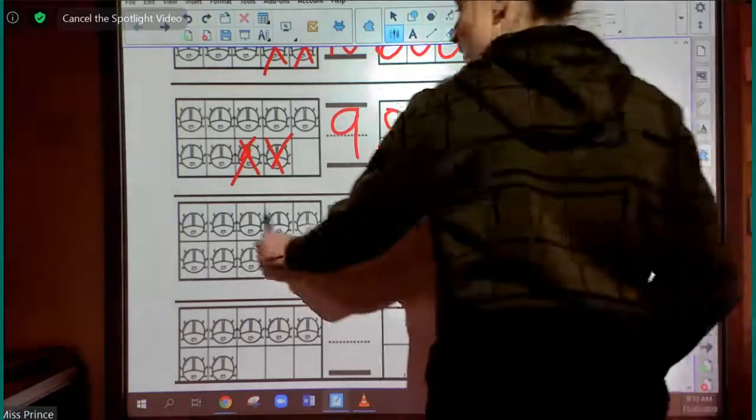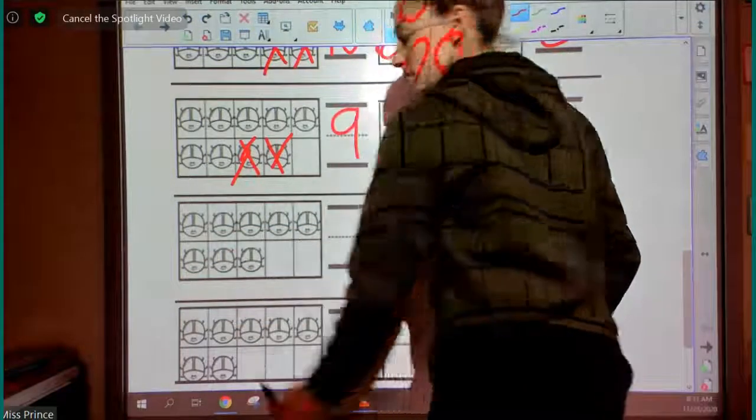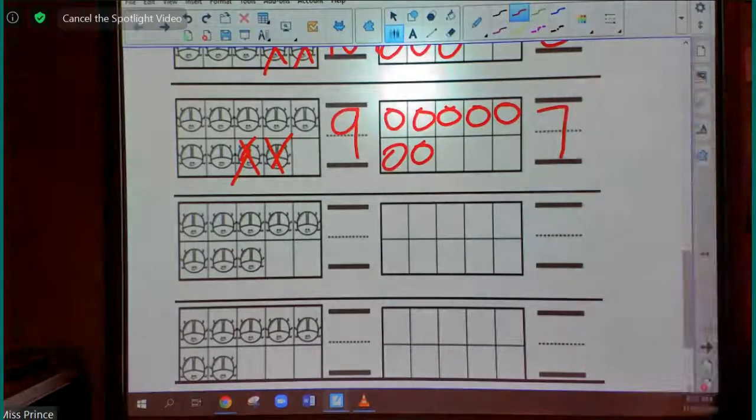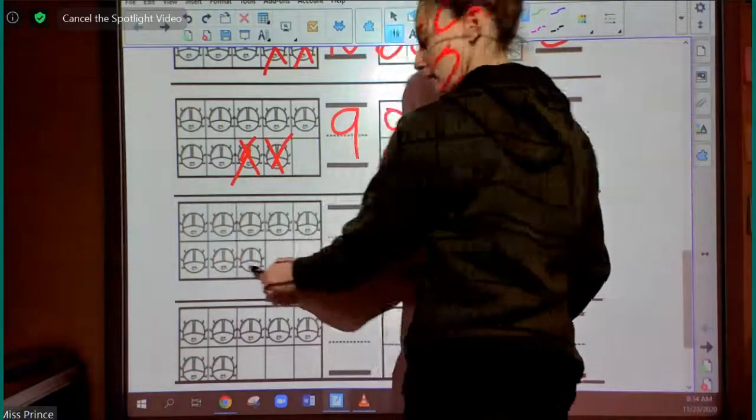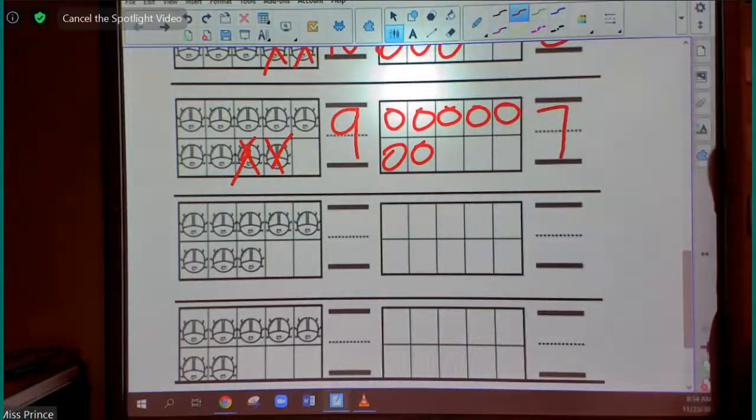Deleza, will you count these ones? Which ones again? Right here. 1, 2, 3, 4, 5, 6, 7, 8.